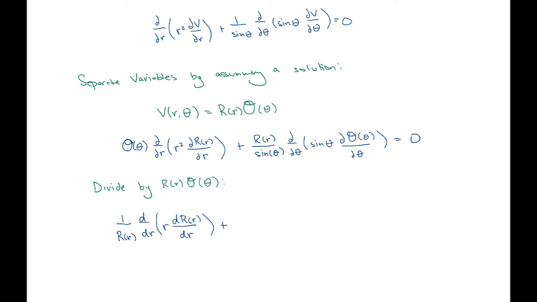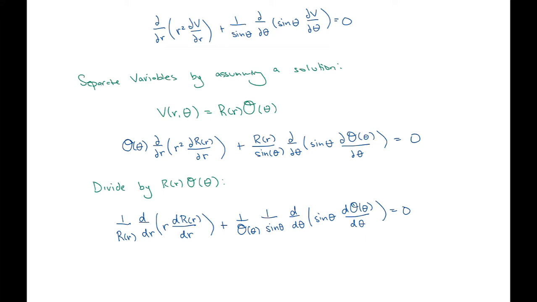I get 1 over big theta here, 1 over the sine of theta. These are now ordinary derivatives. Boom. I've separated the variables.